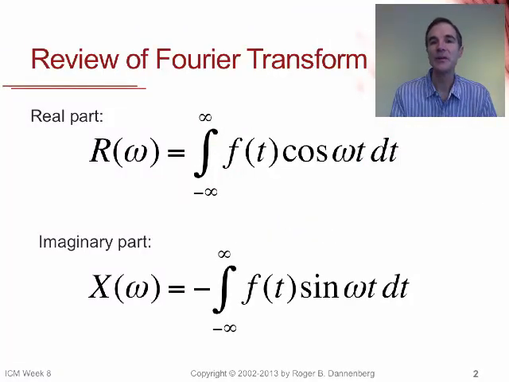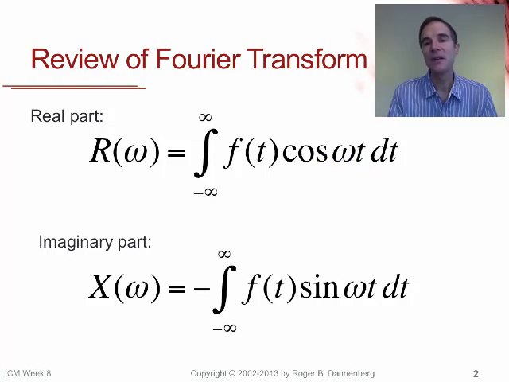And so just to review, this is the Fourier transform in the continuous representation. This is integrating the entire signal f of t from minus infinity to plus infinity, and recall that we're computing here a real value function of frequency, and for each particular frequency we multiply the time domain signal by cosine at that frequency.